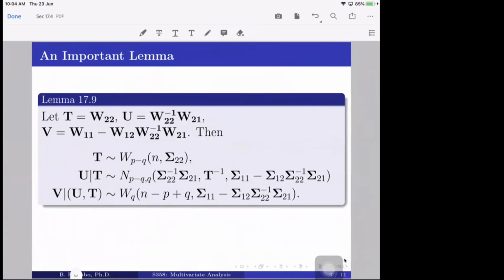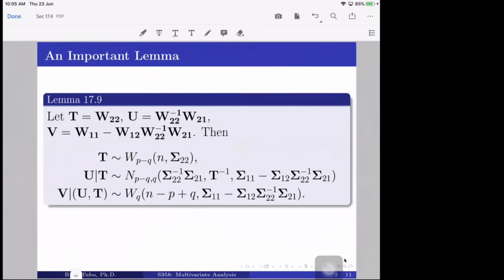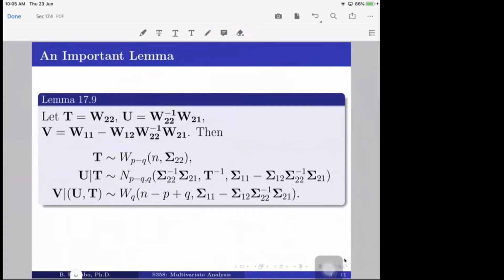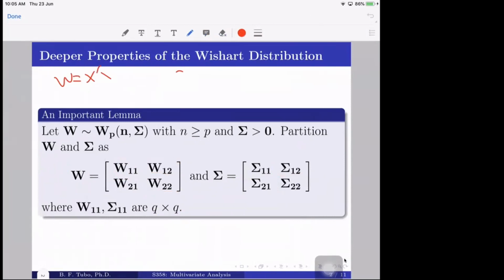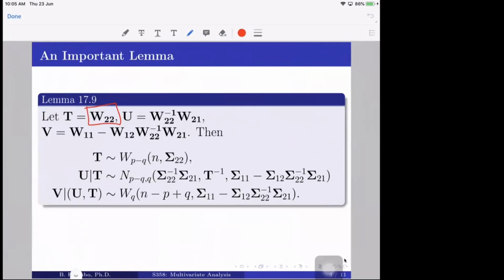So for simpler notation, what Arnold did is to have T be W22, so this part here he just denoted by T, and U by W22 inverse W21.